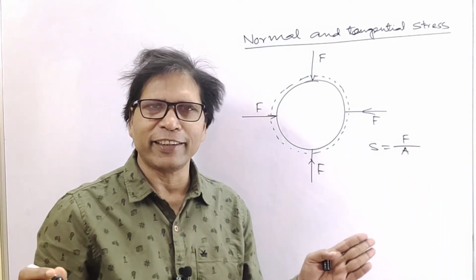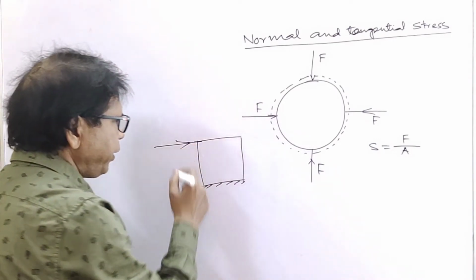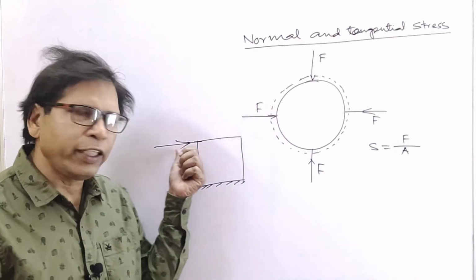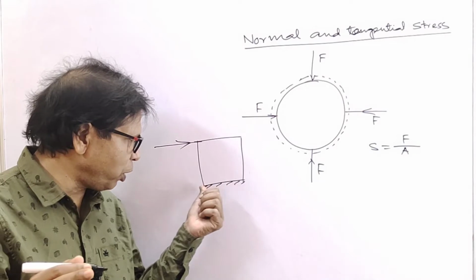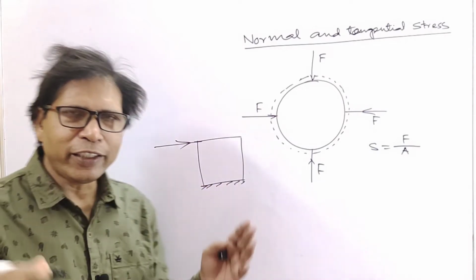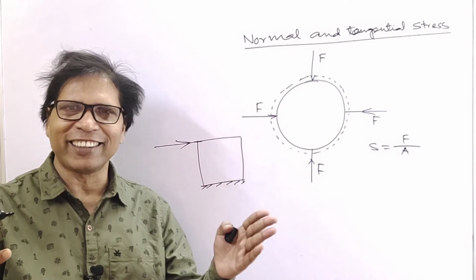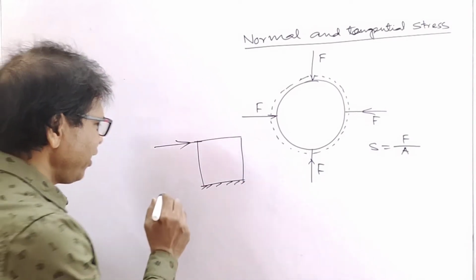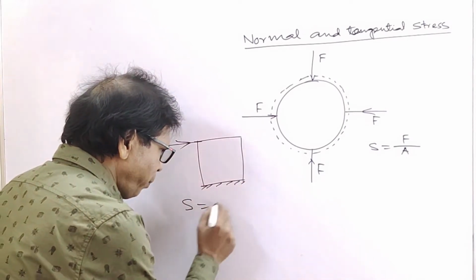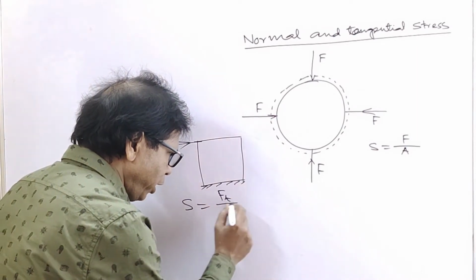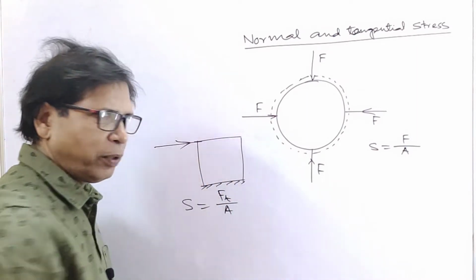Now tangential stress. If a tangential force acts on this surface keeping the lower end fixed, then the stress produced in it is called tangential stress. Tangential stress is Ft divided by area of cross section of this surface.